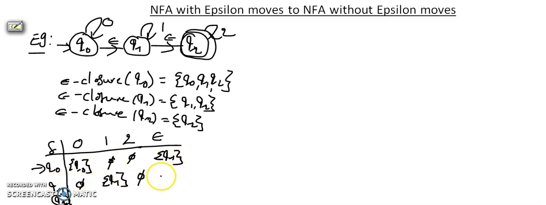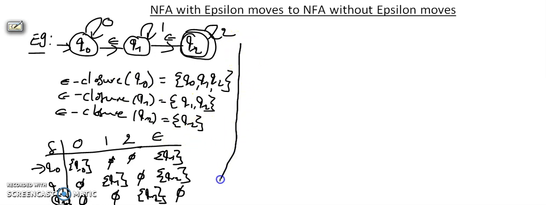Q1 with epsilon, Q2. Q2 with 0, phi. Q2 with 1, phi. Q2 with 2, Q2. Q2 with epsilon, phi. This is the state table for NFA with epsilon moves.